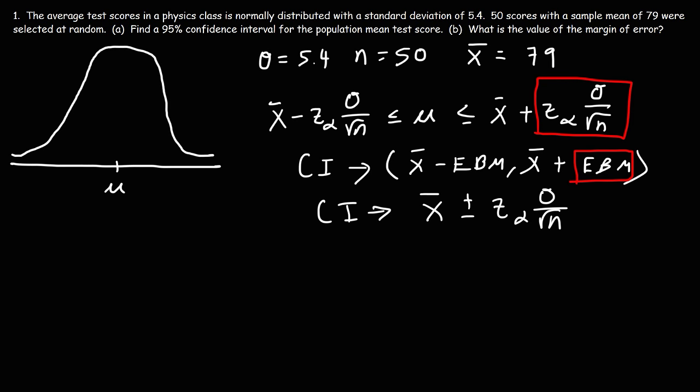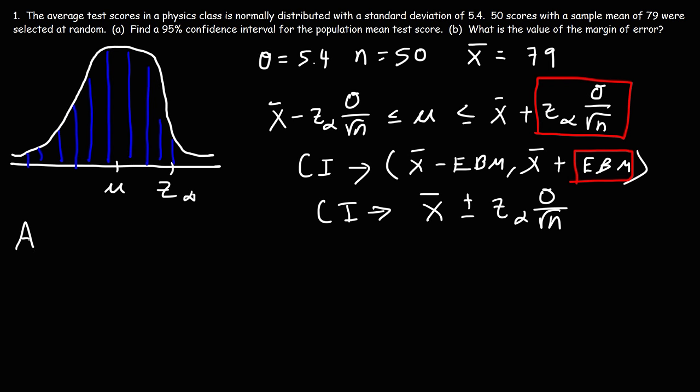Now the first thing we need to do is determine z alpha. Z alpha is going to be somewhere to the right of the mean. And the area that corresponds to z alpha is going to be the area to the left of z alpha, so the area of the shaded region highlighted in blue. Now this is a formula that can help you to calculate that area to the left.